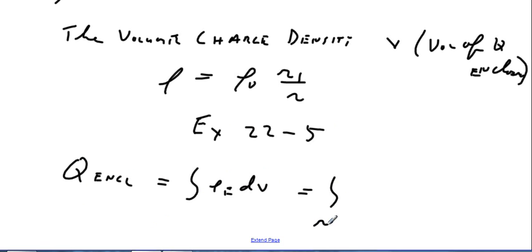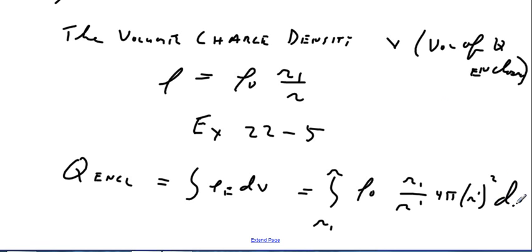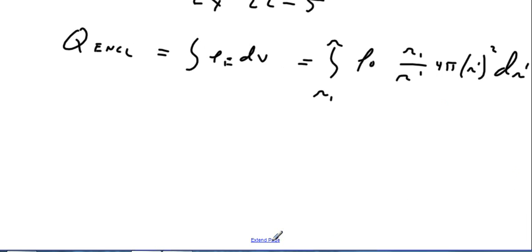So that'd be the integral from R1 to R of rho naught R1 divided by R prime, 4 pi R prime squared, dR prime. And only a real math major would like that.